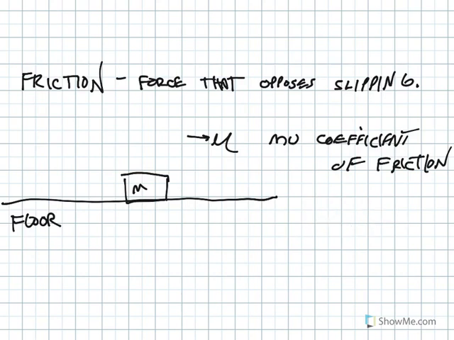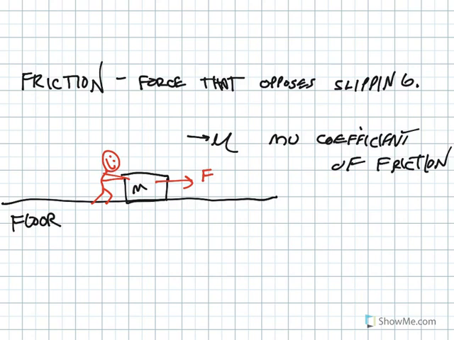Anyway, friction is kind of an interesting force, because sometimes it's there and sometimes it's not there. For example, suppose that there's this big block right here. You really can't tell how big it is until I draw something next to it, like a person. Now you've got this person standing here, and they start to exert a force against this block.